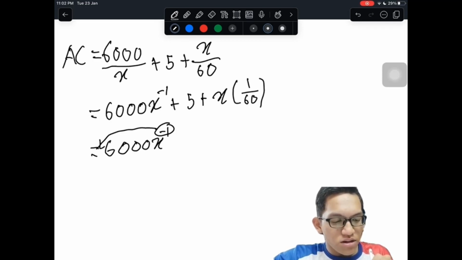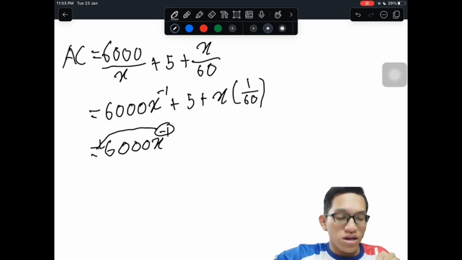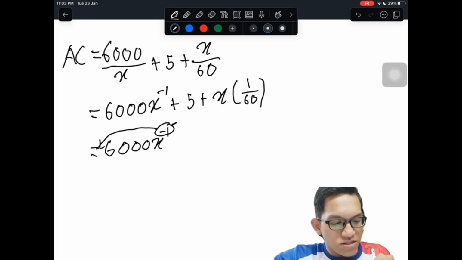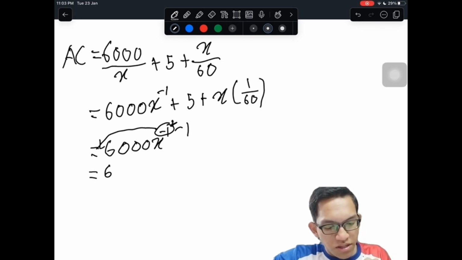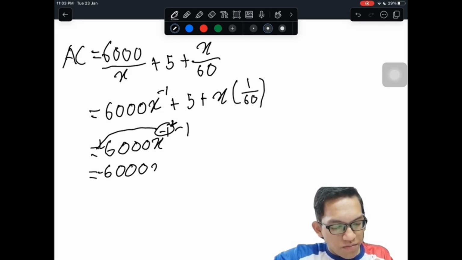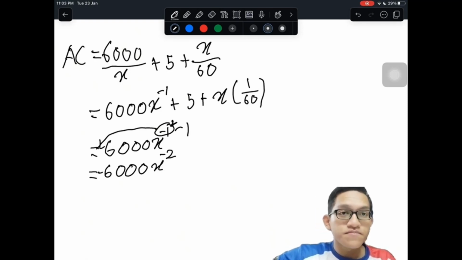And for the power, we just need to minus it by 1. So the answer will be negative 6,000 times x to the power of negative 2.